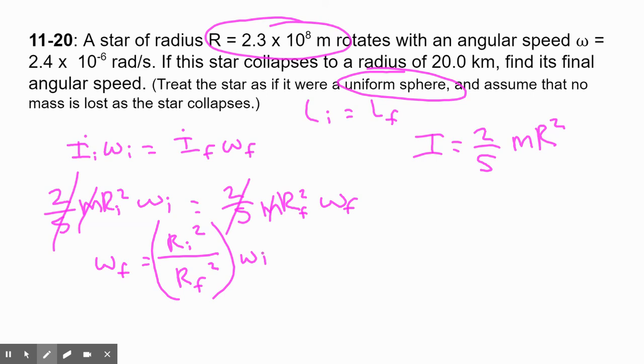So let's plug everything in. Our initial radius is 2.3 times 10 to the 8 meters. Okay, we need to be consistent with our units. So we have meters here. This is given in kilometers. Let's write it in meters. And in meters, that would be 2.0 times 10 to the 4th.